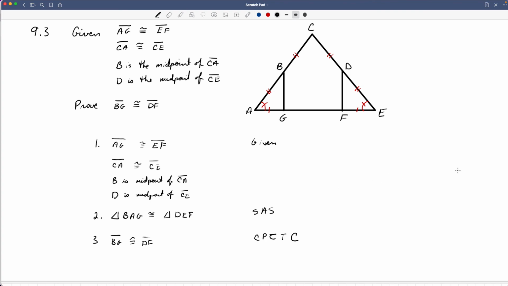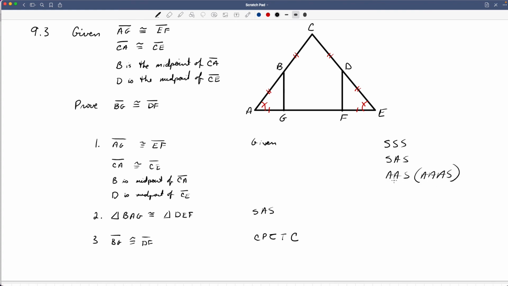And that's all we're doing right at first with these proofs. We're going to do some very simple, straightforward proofs that are focusing on those four main postulates that we learned, and those were side, side, side, right? Side, angle, side, angle, angle, side, which is the same thing as angle, angle, angle, side.